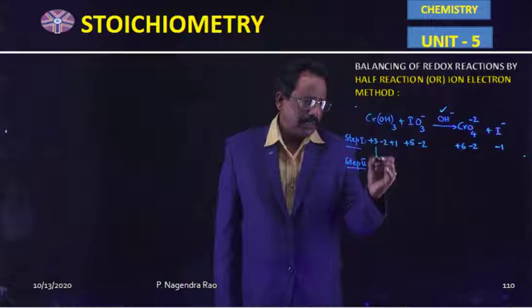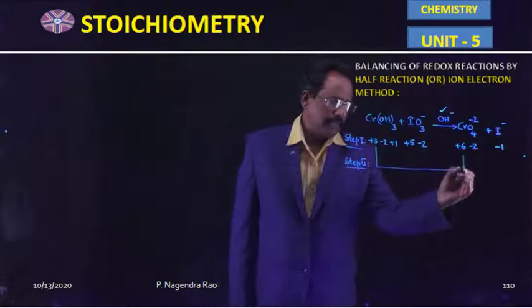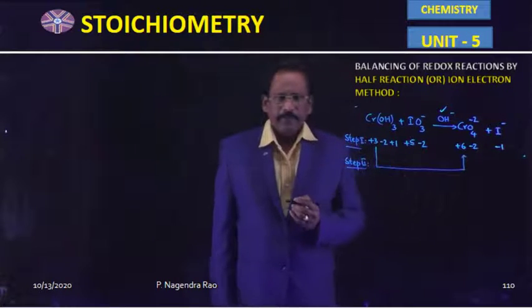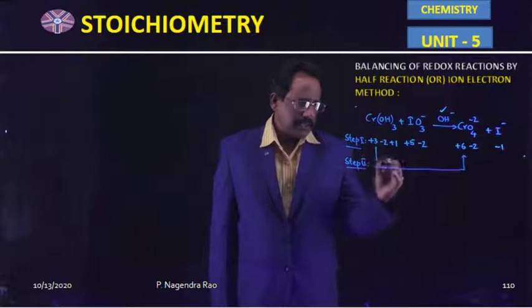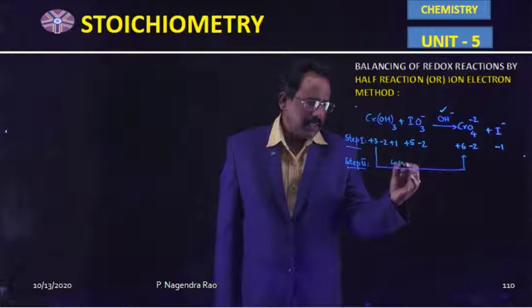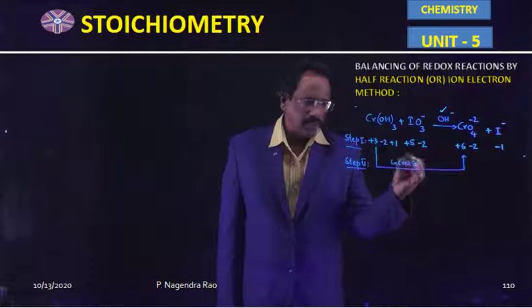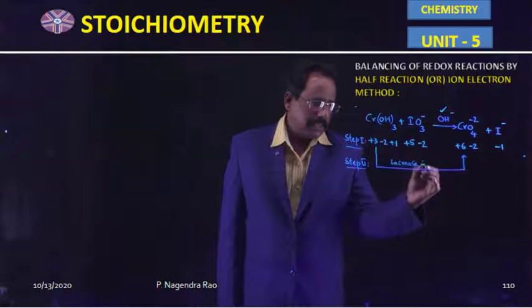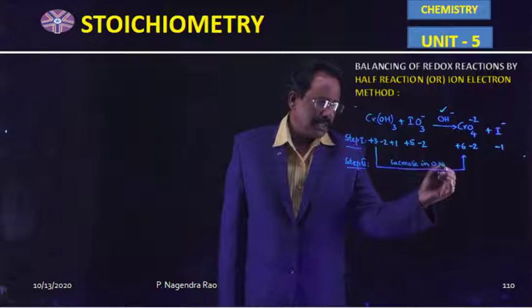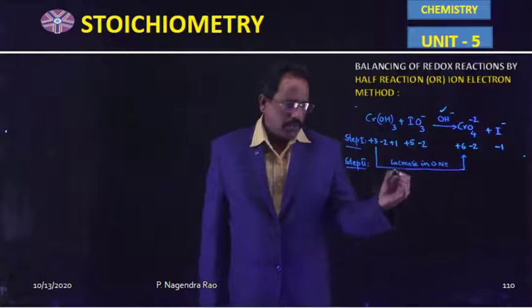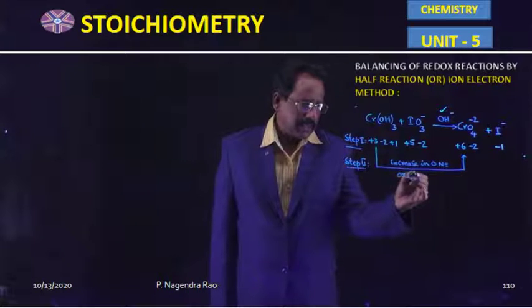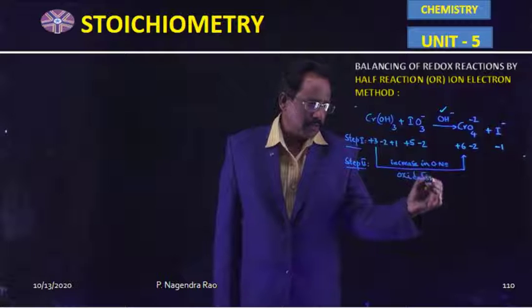Chromium +3 to +6, increase in oxidation number value, so this is an oxidation process.